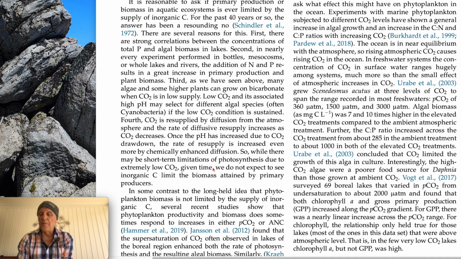Further, the C:P ratio increased across the CO2 treatments from about 285 in the ambient treatment to about 1000 in both of the elevated CO2 treatments. Urabe et al. concluded that CO2 limited the growth of this algae in culture.